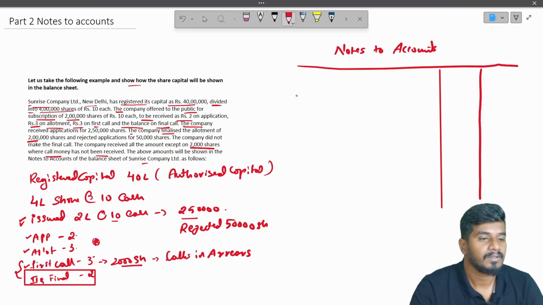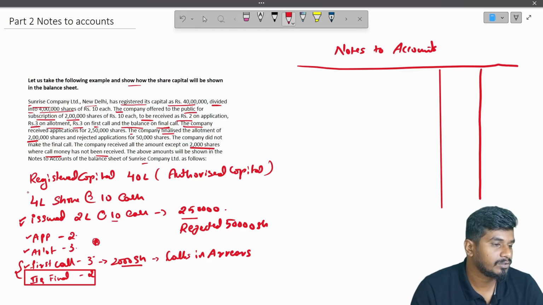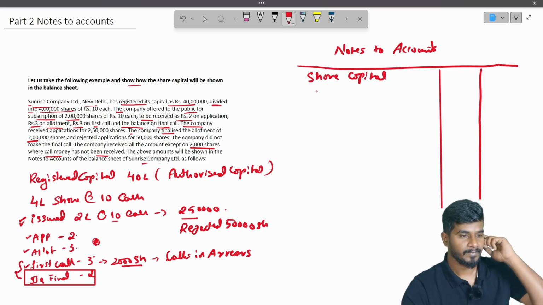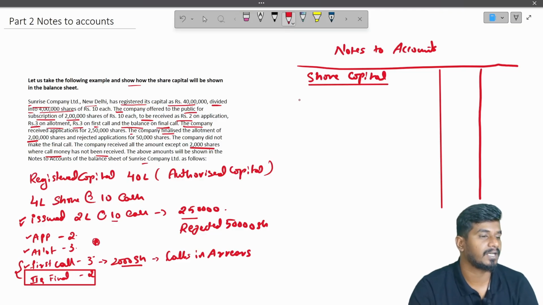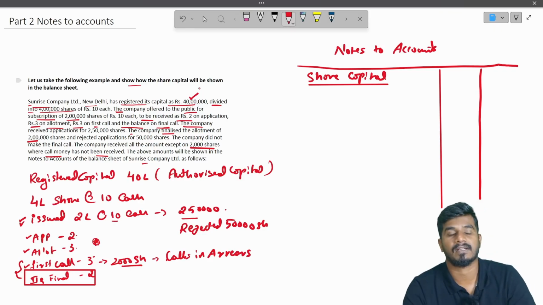So now the first thing is in the notes to accounts, we are going to prepare for share capital, correct? Under this, what will be the first item? First item will be authorized capital.